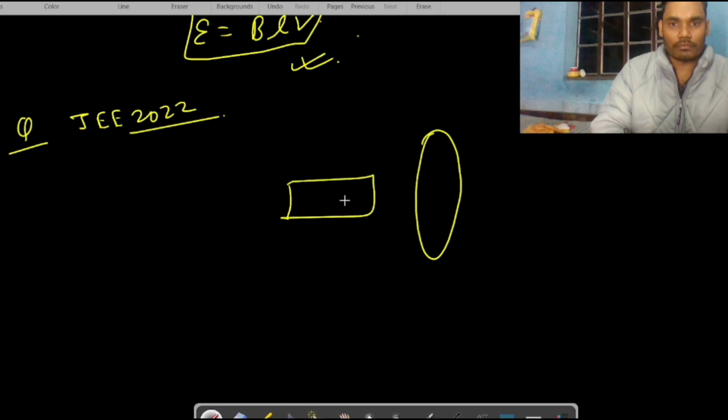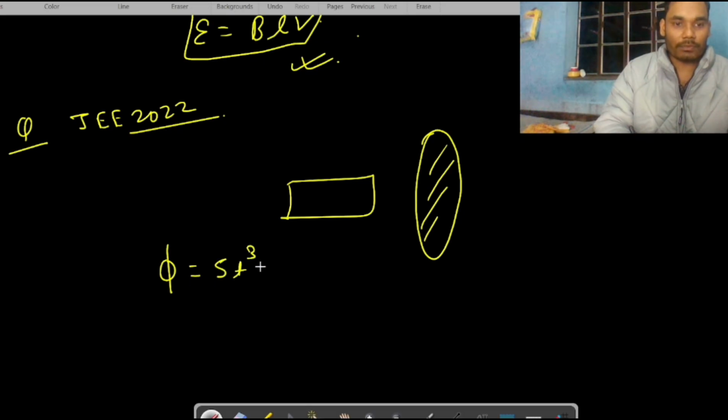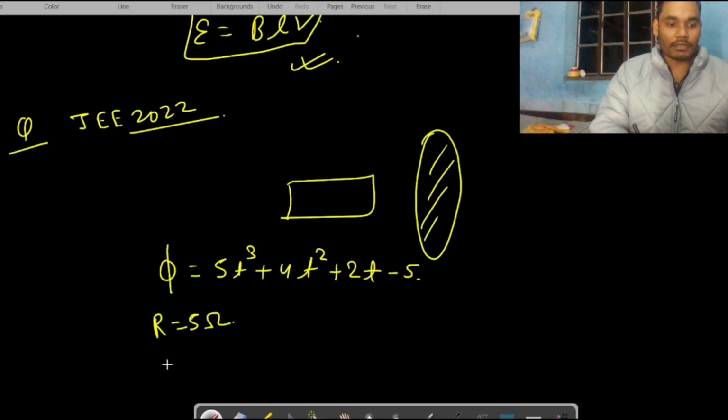The magnetic flux through this area is changing, and the relation between flux and time is given in the question: 5t cube plus 4t square plus 2t minus 5. If the resistance of this coil is 5 ohm, what will be the induced current?